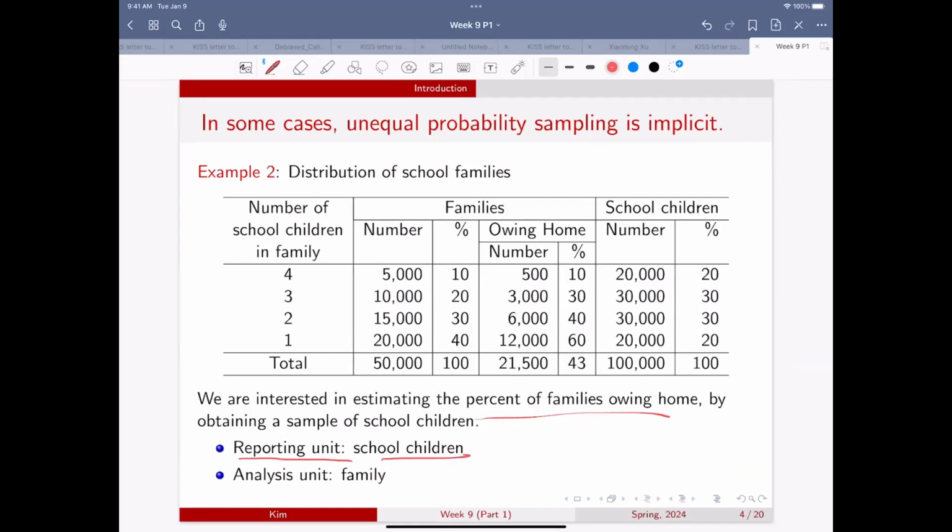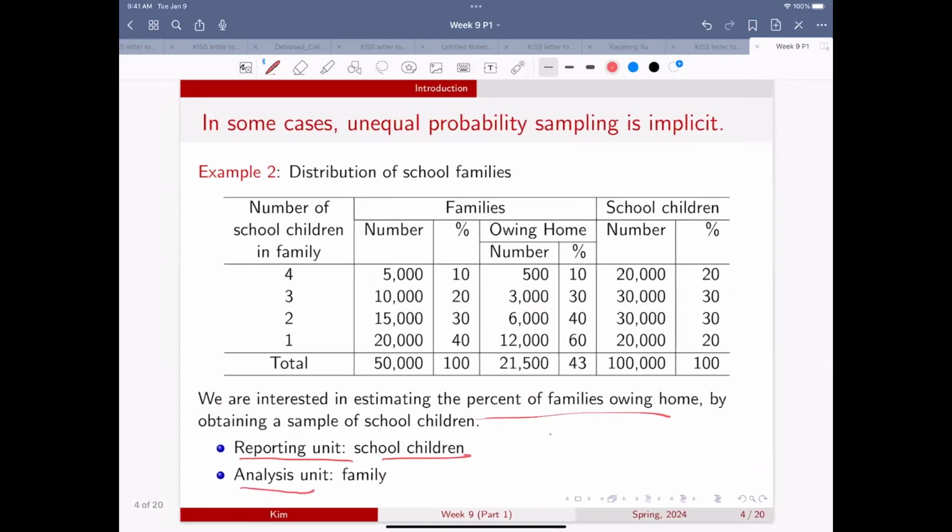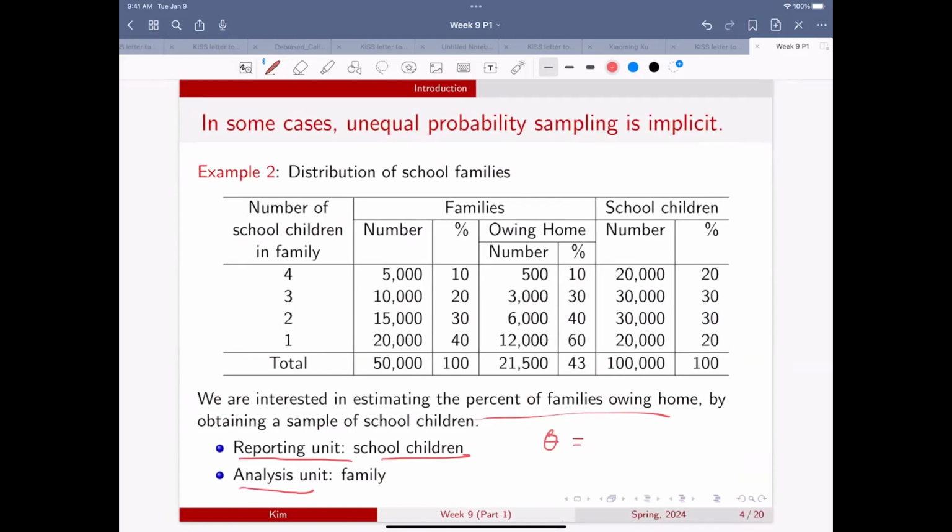but the analysis unit, what do I mean by that? That means the definition of the parameter theta. The parameter of interest is the percent, right? The probability of owning. So if you define it this way, one is owned, zero is rented, not owned.